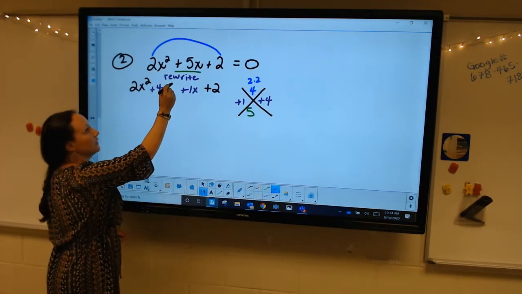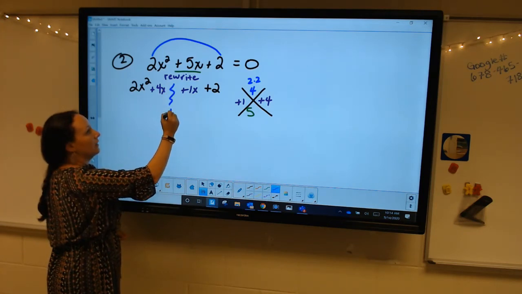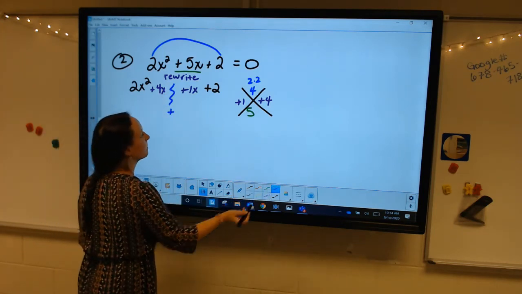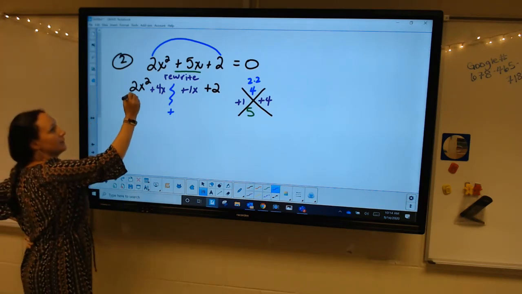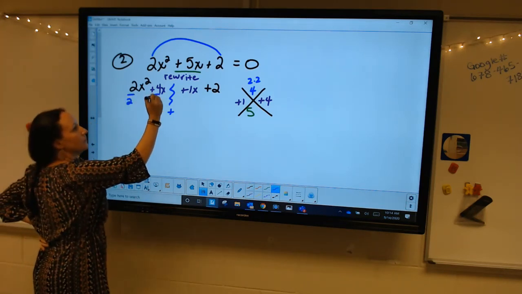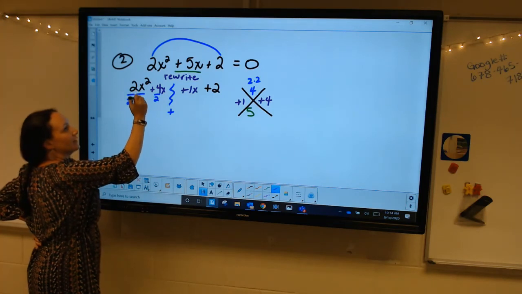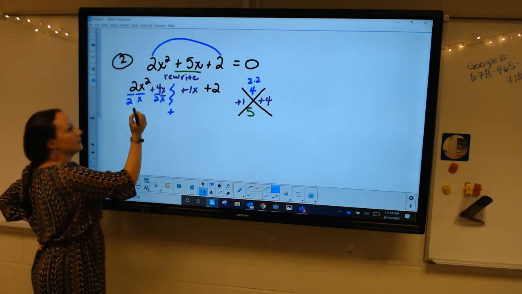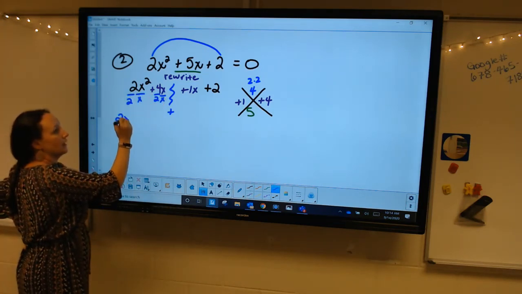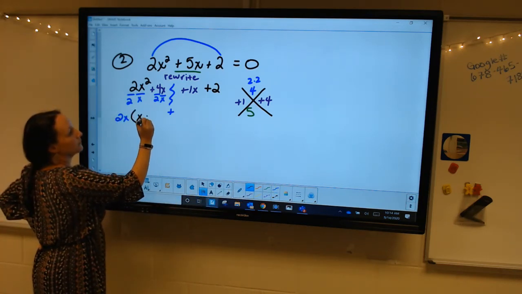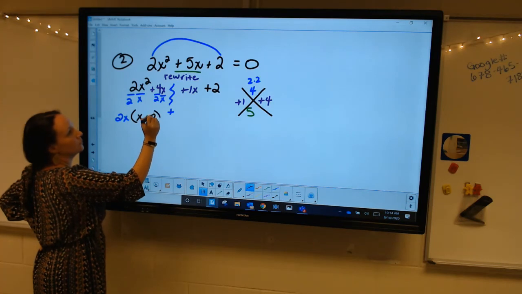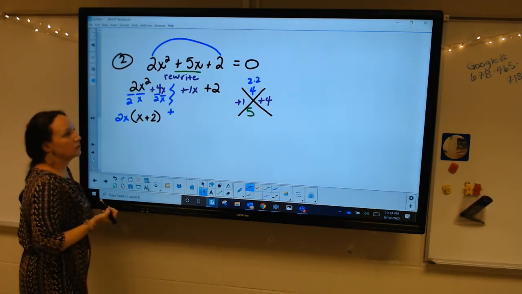And split it down the middle. And we'll divide out a common factor. 2 and 4 can be divided by 2. They'll also have an x in common. So I get 2x, x plus 2, because 4 divided by 2 is 2.